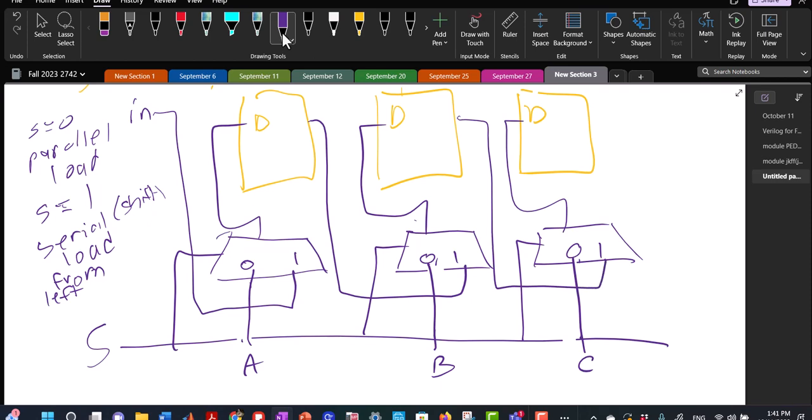So what serial did is it moved it into one, and then this one went to that one, and that one went to that one. If it was going to the right, it'd go the other way. But that was a load. I didn't do any output. That was just loaded.